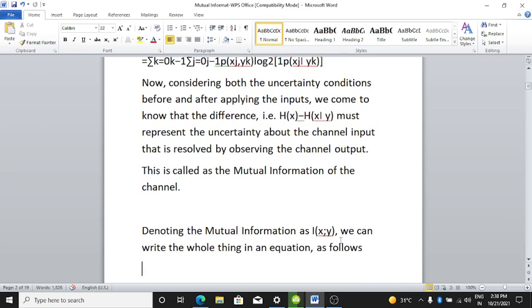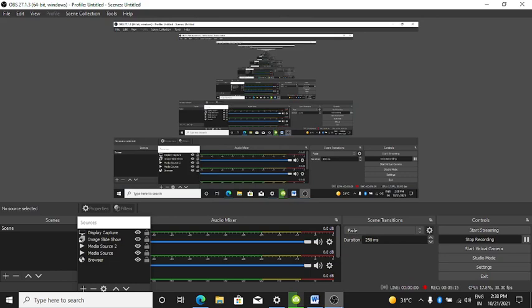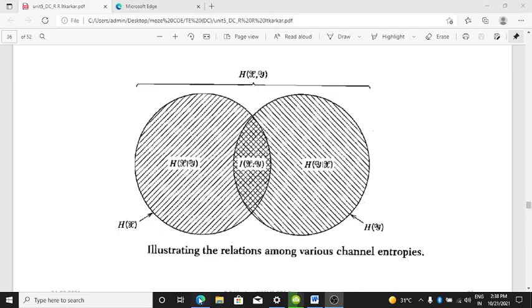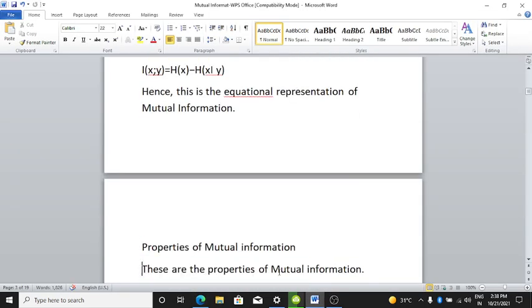Denoting the mutual information as I of x,y, we can write the whole thing in an equation as follows. Here is the equation: I of x,y is equal to H of x minus H of x given y. Hence, this is the equational representation of mutual information. This is the standard format of the equational representation of mutual information.